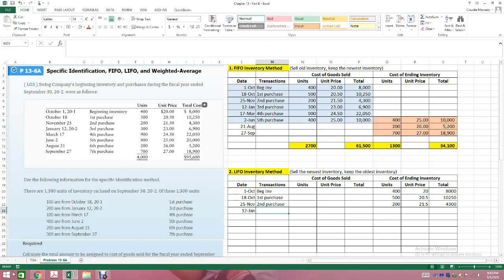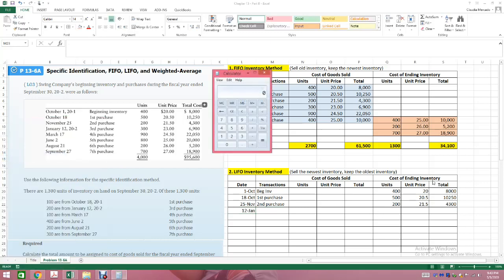Now, before I go to January the 12th, I know that for my cost of ending inventory, I need 1,300 units. So how many units do I have so far? Well, 1,300 minus 400 minus 500 minus 200. So that means I need 200 more units to come up to my 1,300 units that I did not sell.